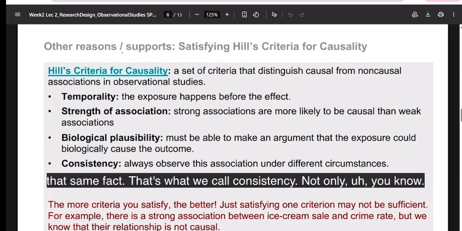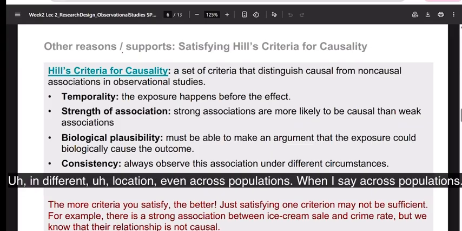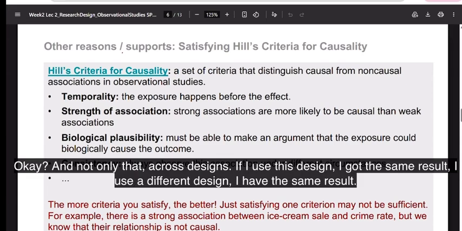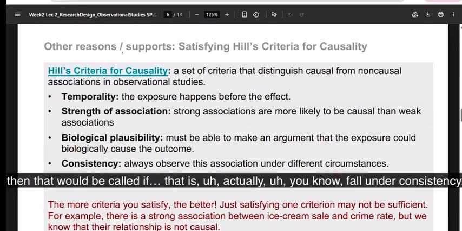Not only in different locations, even across populations, whether I use black, white, or whatever, it is still the same. And not only that, across designs. If I use this design, I get the same result. If I use a different design, I have the same result. Then that would fall under consistency.